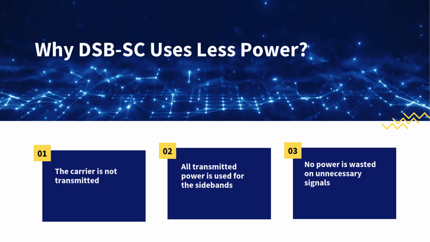In DSBSC, the carrier is not transmitted. All power transmitted is used for the sidebands, and no power is wasted on unnecessary signals. As a result, DSBSC uses less power compared to full amplitude modulation, and it becomes more efficient.